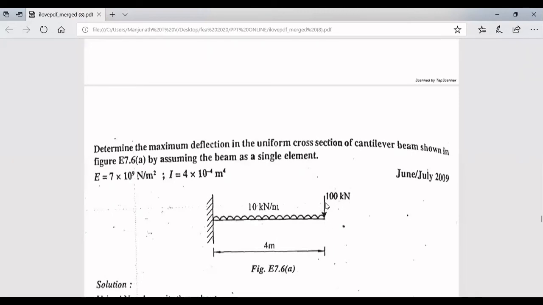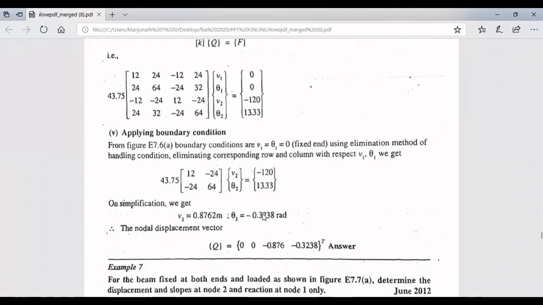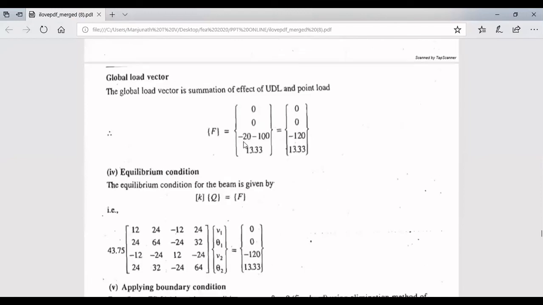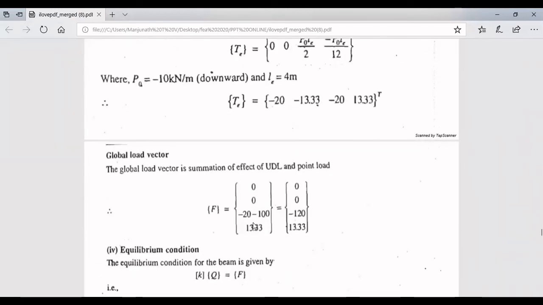So these values we need to also consider at node number 2, so the overall force vector becomes minus 20 from the UDL load, minus 100 from the point load. So the overall load acting at node number 2 vertically downward is minus 120. Then 13.33. There are no other moments applied at that node, so only the UDL load value 13.33 remains.